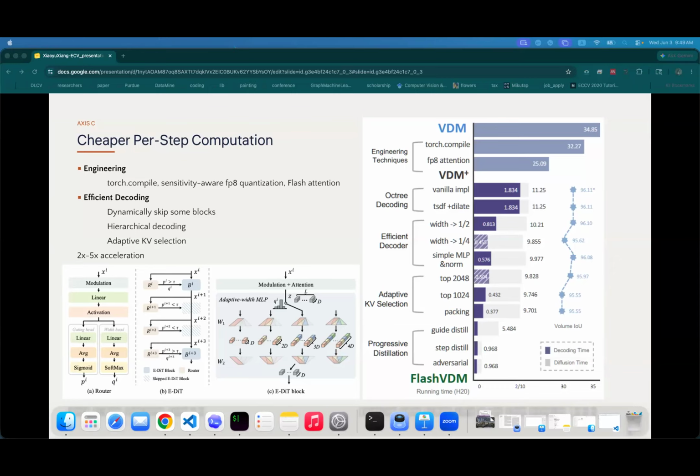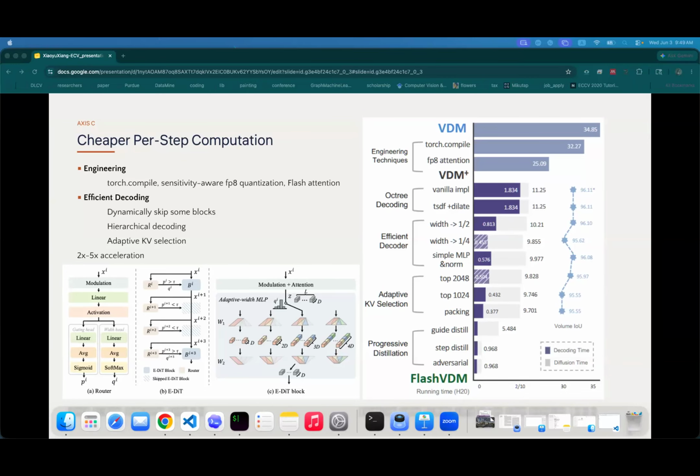Another thing is adaptive KV selection to further reduce the decoder attention cost. So instead of every spatial query attending to all latent tokens, each local subvolume can select only the most relevant KV tokens. Together, this engineering and decoding optimization gives roughly 4 to 5 times end-to-end acceleration, while preserving the core vecset generation quality.